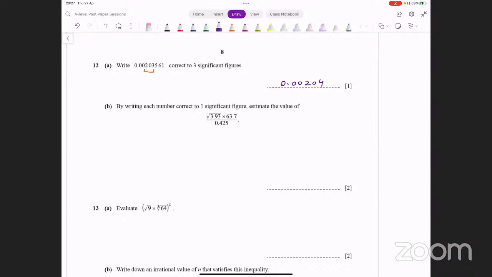All right. Now it says by writing each number correct to 1 significant figure, estimate the value of this fraction. हर नंबर को हम क्या करेंगे? 1 significant figure पे लिखेंगे. Now how does that work? 3.93 का स्क्वायर रूट है. 3.93 को 1 significant figure पे लिखें, एक सिंगल डिजिट आना चाहिए आपके पास, तो किस पे राउंड ऑफ होगा? 4 पे हो जाएगा, यानी आप 4 स्क्वायर रूट. 63.7 को राउंड ऑफ करना है.